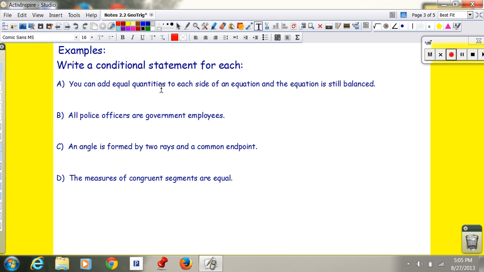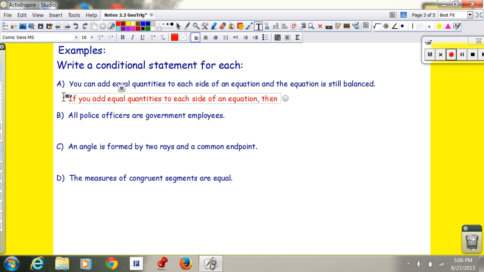You can add equal quantities to each side of an equation, and the equation is still balanced. We need to change that to have an if and a then in it. So we need to start it with if. If you add equal quantities to each side of an equation, comma, then what happens?